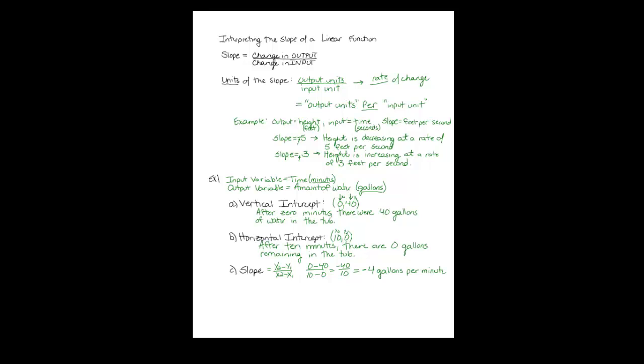Interpreting this, the output, in this case it's the amount of water, is, remember we have to indicate what the sign means, so the amount of water is decreasing at a rate of 4 gallons per minute.